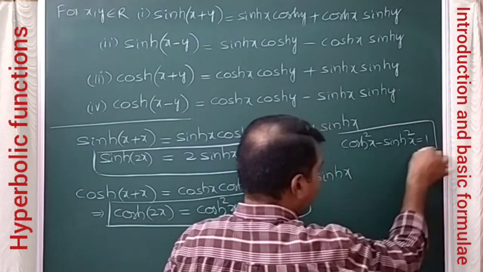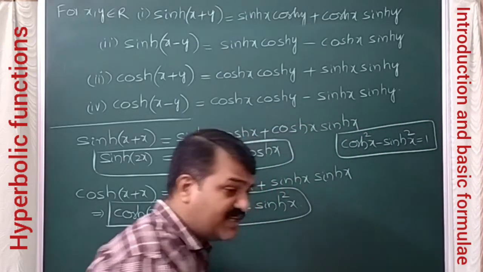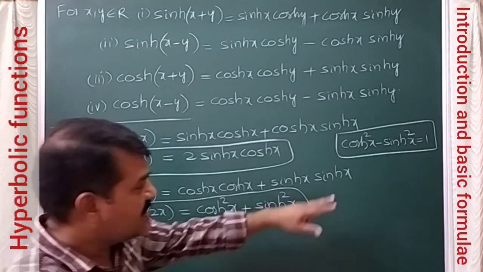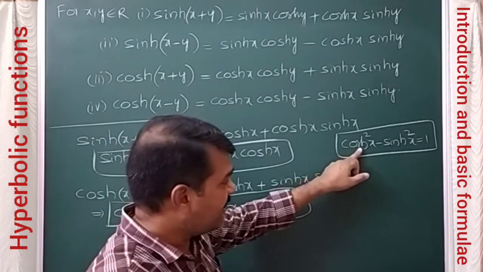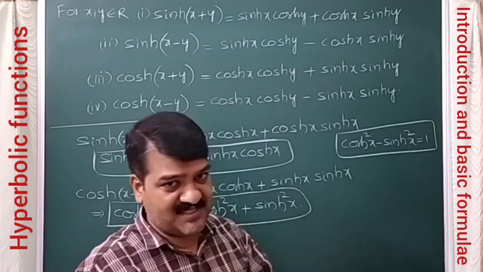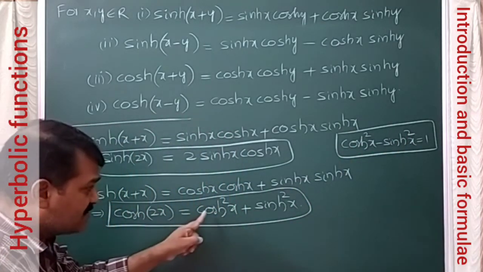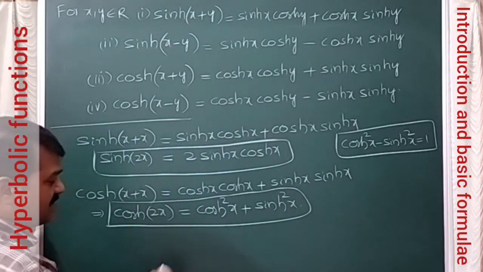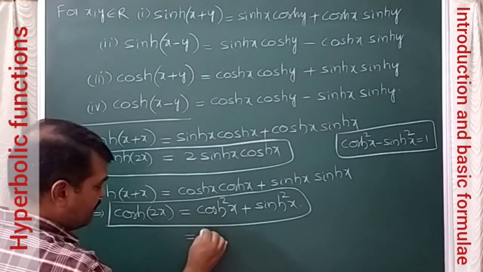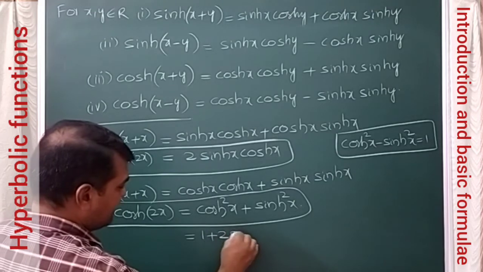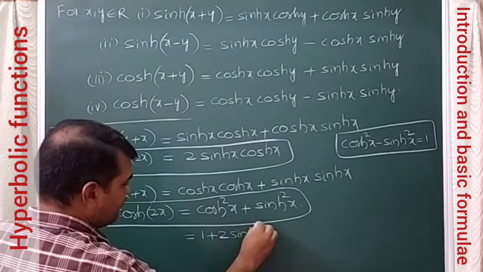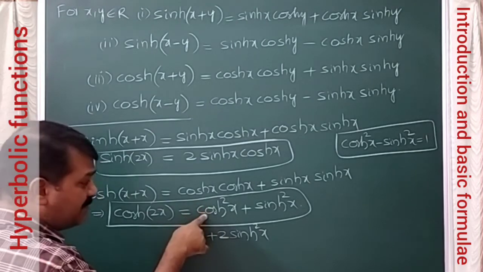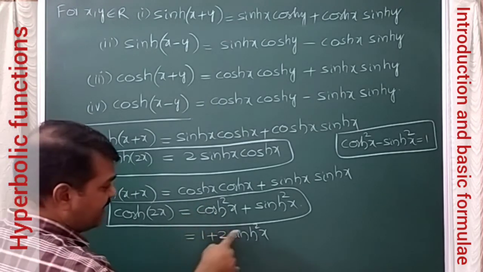This is the identity we know in hyperbolic functions. Let us use that. So cosh square x can be written as 1 plus sinh square x. Therefore, this formula can also be written like this. If you replace cosh square x with 1 plus sinh square x, we will get it like this.